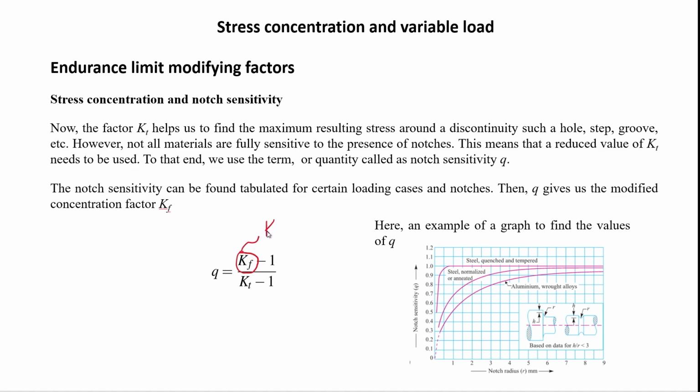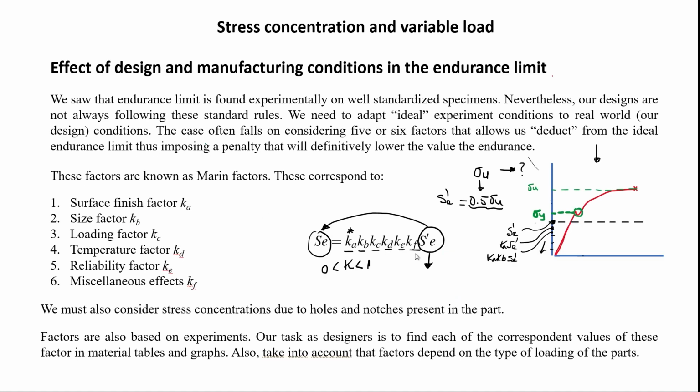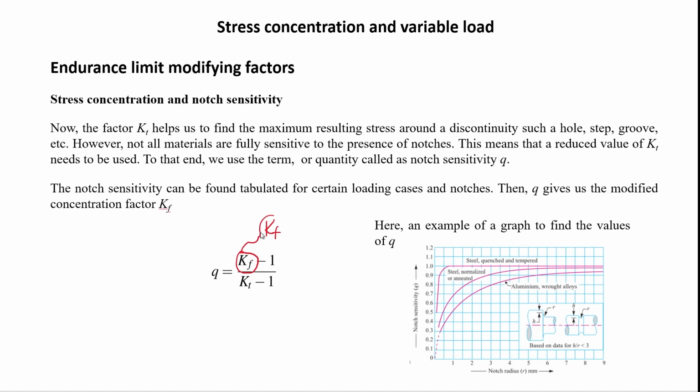Big Kf is not to be confused with this Kf you have here, the miscellaneous factor, which would be a small kf. I should change this in the future, but this is a small kf representing the miscellaneous effect to reduce the endurance limit. But the one that I'm presenting to you right now is big Kf, and this big Kf is something that we're going to use when calculating fatigue in a few slides. So not to be confused.